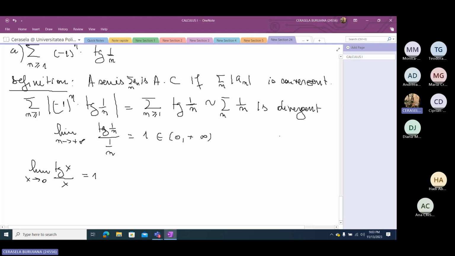Well, it means that, okay, with the divergence, let's look at the series having the module. If the series having the general term, the module of the first one, is divergent, so what's the conclusion about the absolute convergence of the series?